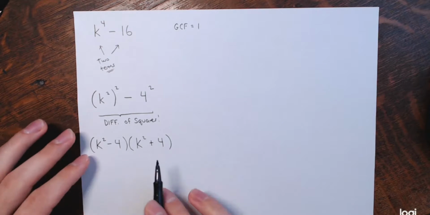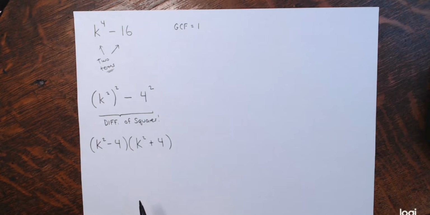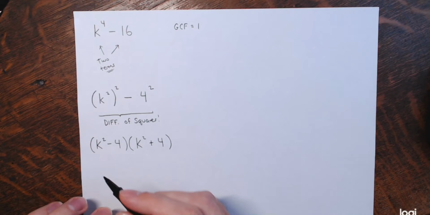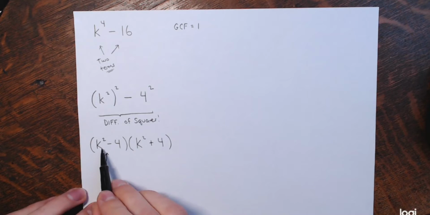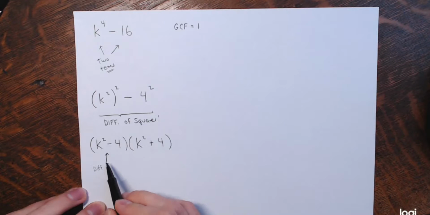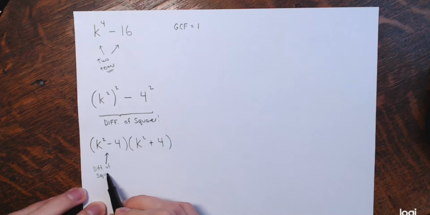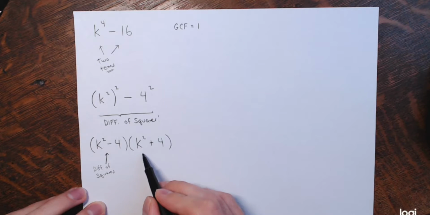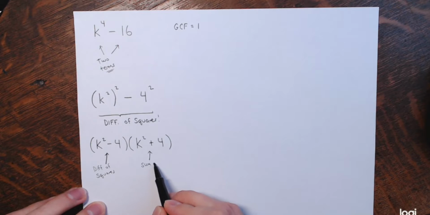So I factored it, cool, right? But is it factored completely? Well, look at each factor individually. The first one, k squared minus 4, that's another difference of squares. That'd be k squared minus 2 squared. So I can factor that. Now the next one is a sum of squares.